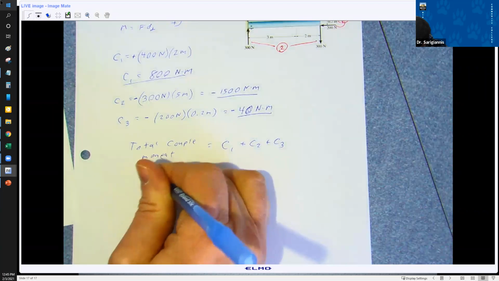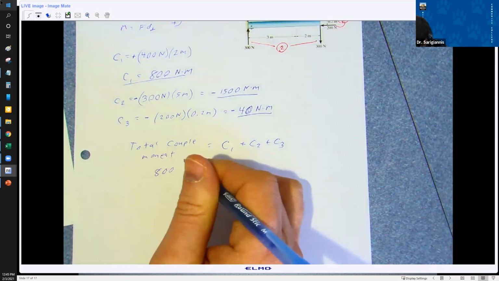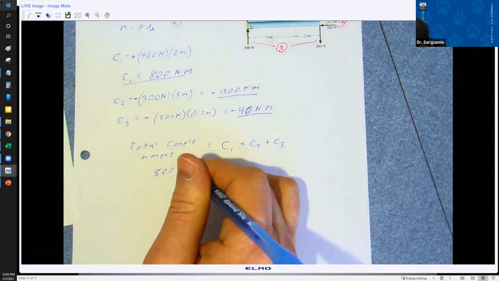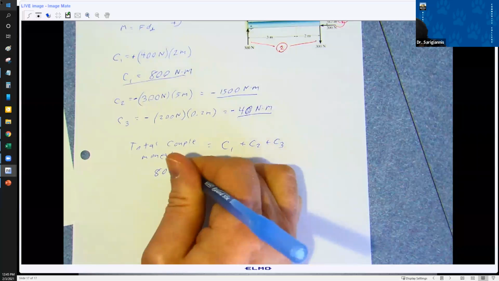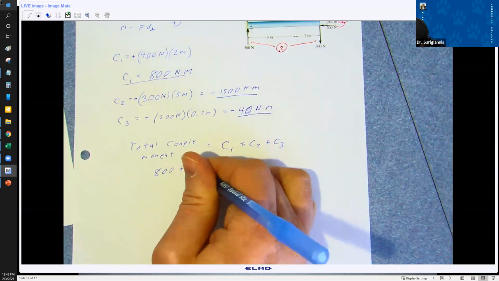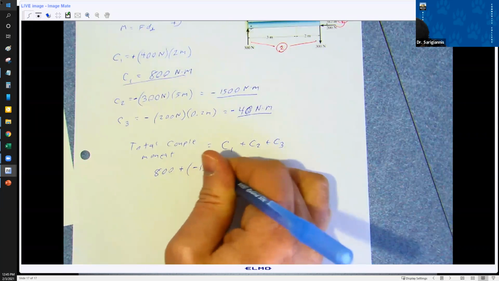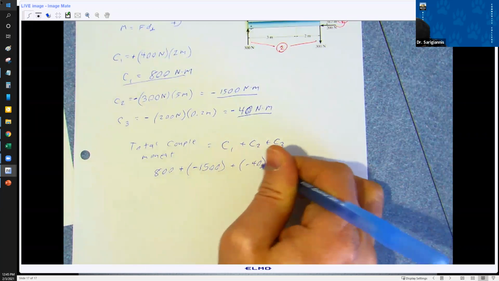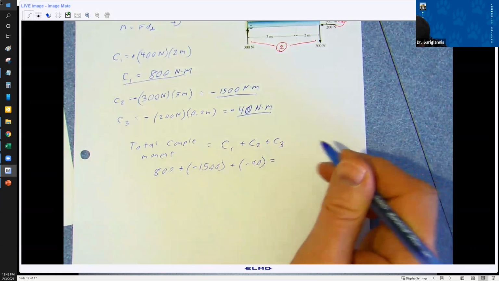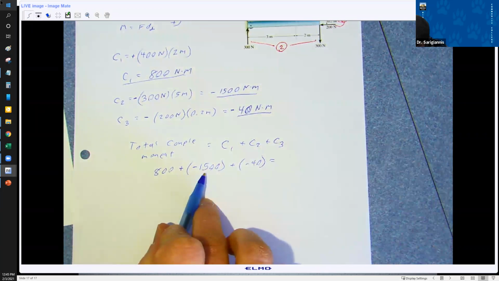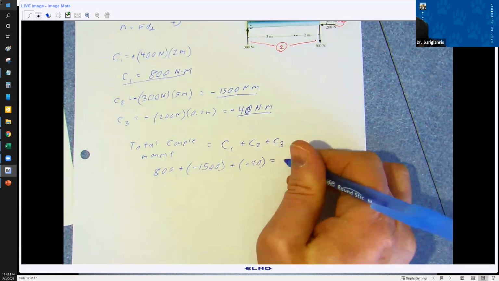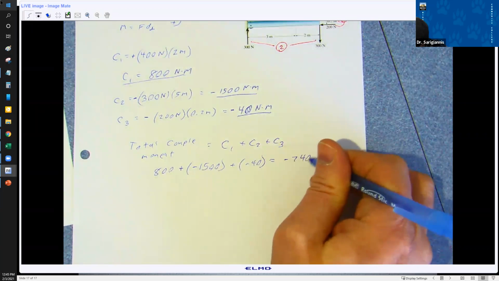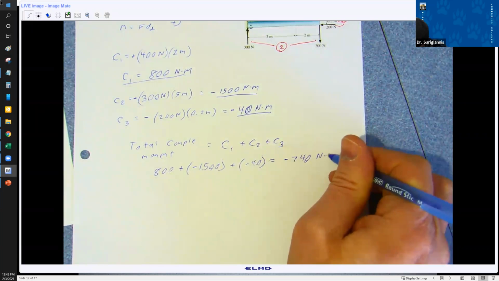We've got 800, plus a negative 1,500, plus a negative 40. This equals a negative 740 Newton meters.